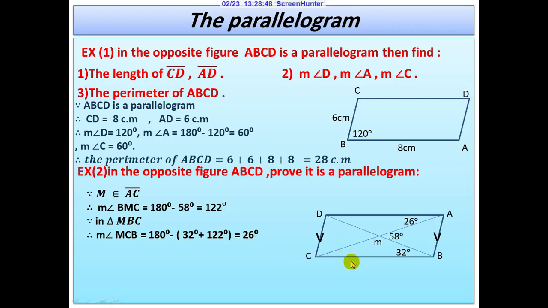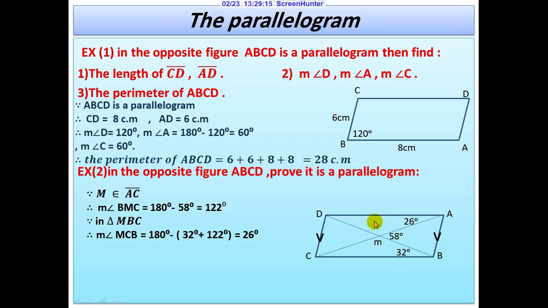Now we note here something. The measure of angle ACB equals 26 and the measure of angle DAC also equals 26, and they are 2 alternate angles. I mean both of them make the letter Z. So we deduce that when we have 2 equal angles that make the letter Z, they are 2 alternate angles.